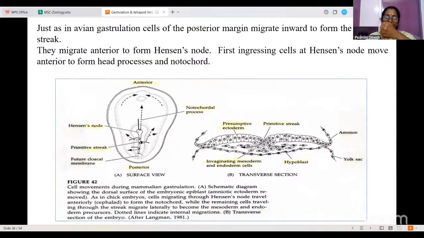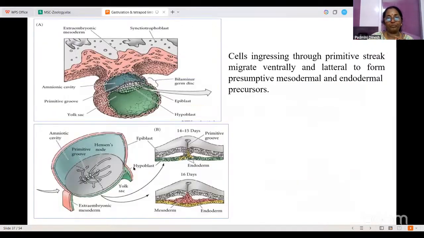That is the backbone. Between these two vertebrae there is a cushion-like structure. That cushion-like structure is nothing but the disintegrating notochord, and its name in mammals is nucleus pulposus.